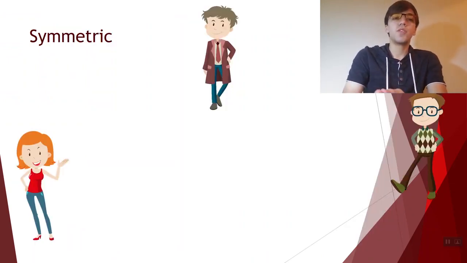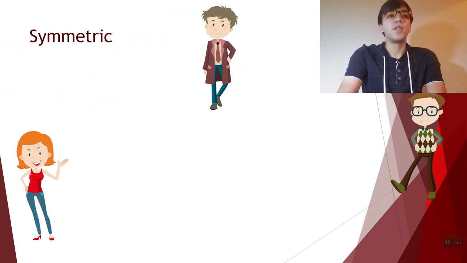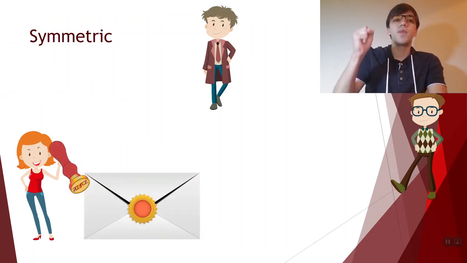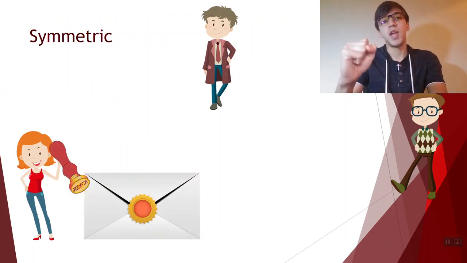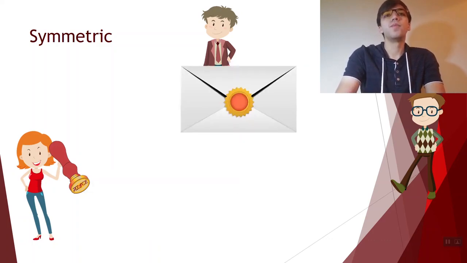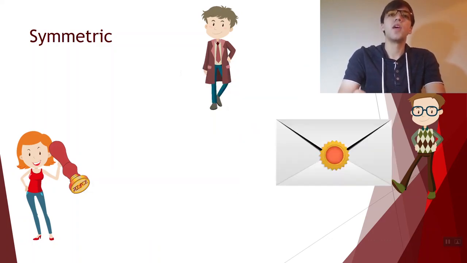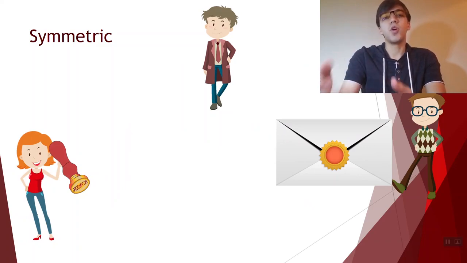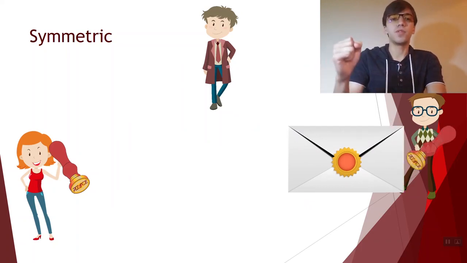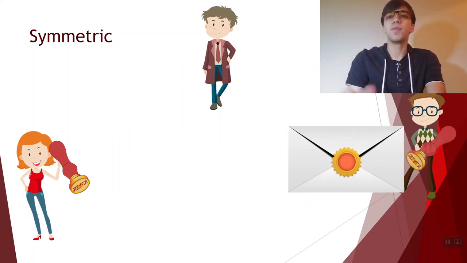The way symmetric encryption works is the same as before, except when Alice seals that message, she takes her metal seal and stamps her particular seal on it. Because of this, Bob isn't able to open that message. But Bob has Alice's metal wax sealer again.